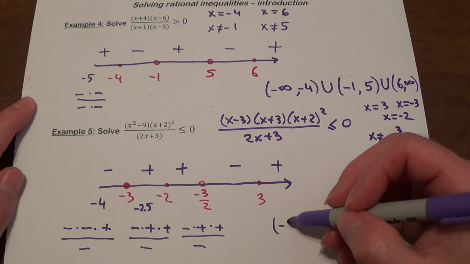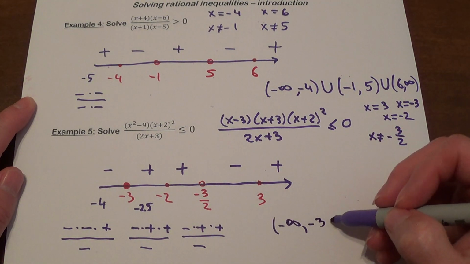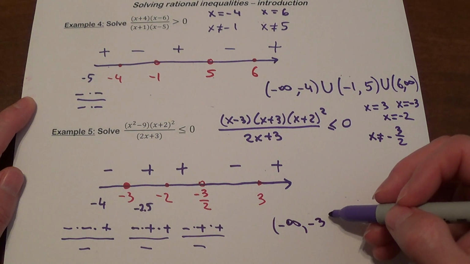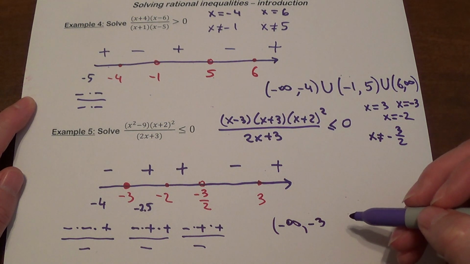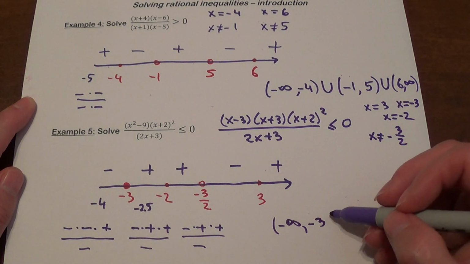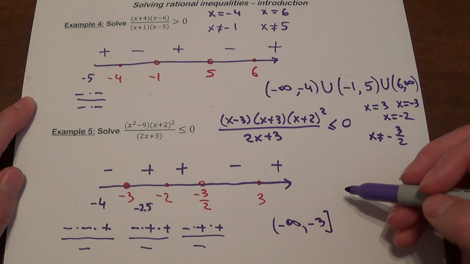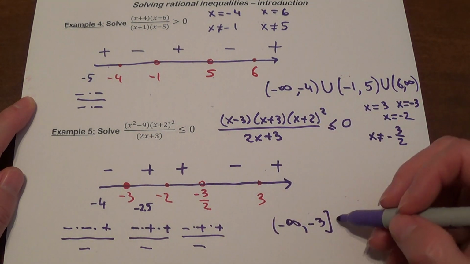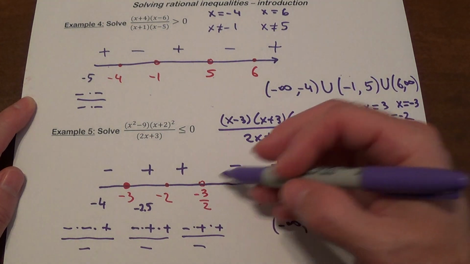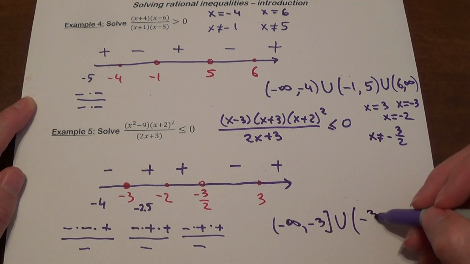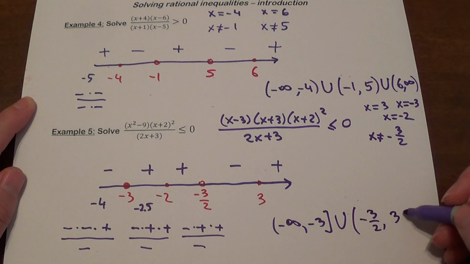So it's going to be from negative infinity to negative 3. We are going to have it closed. Yeah, we can have it closed, right? Because this is not an excluded value. Then we're going to be from negative 3 halves, which is going to be open because it's an excluded value, to 3, and 3 is going to be closed because we are allowed to be at 3.